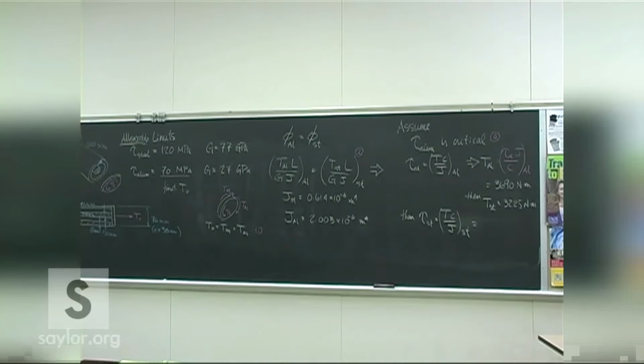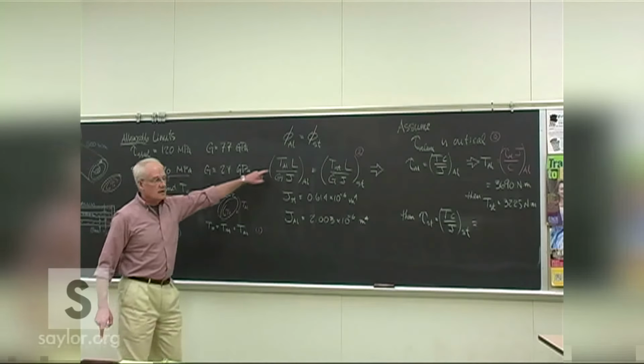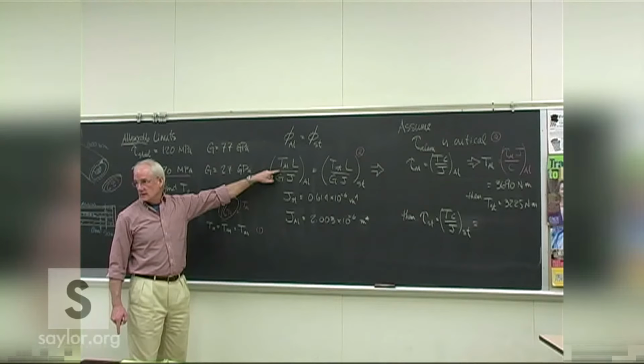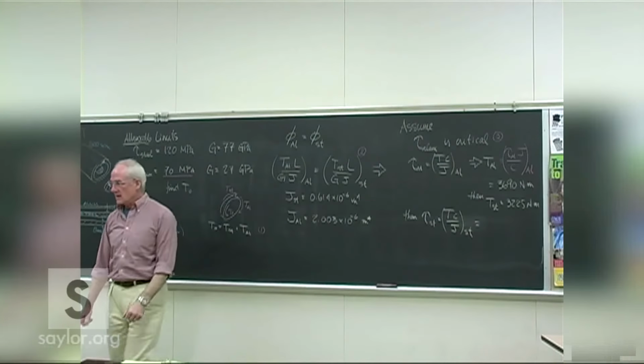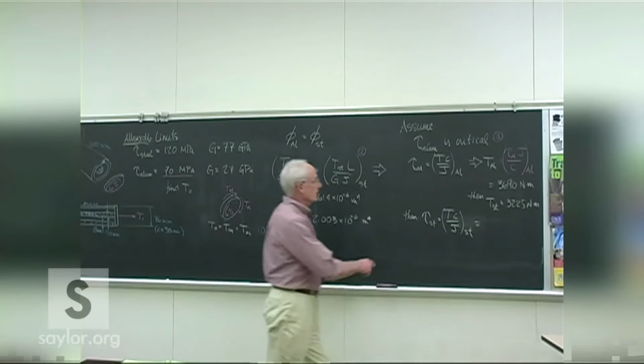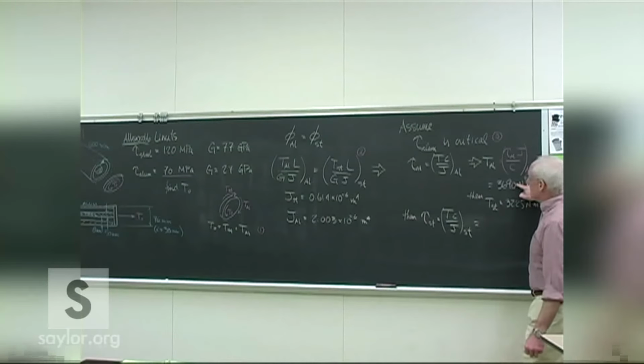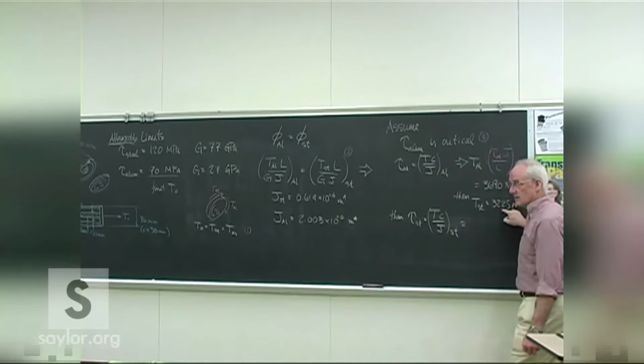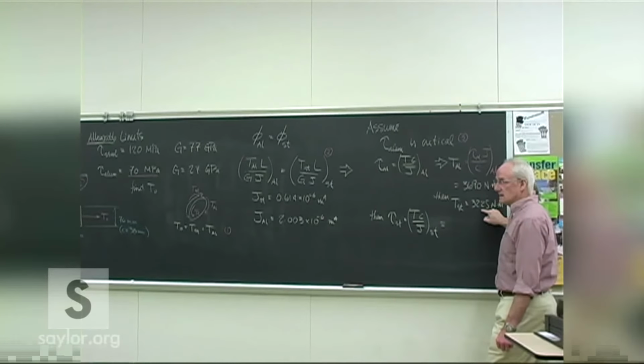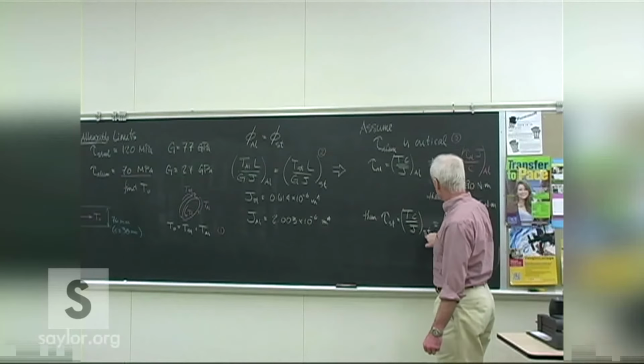Oh, that's for the aluminum. Yeah, so now you have to find it for the steel using equation 2, which is just the torsion in the two related by a bunch of constants. So you have to take this number, use it to find this number, which is the torsion in the steel. Then that's the one you use in here, because this is for the steel.